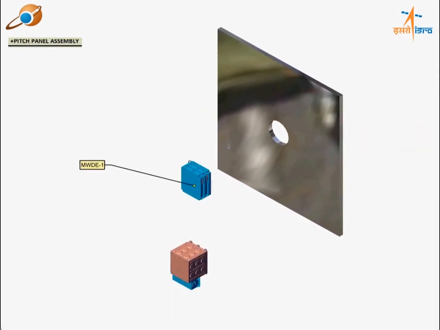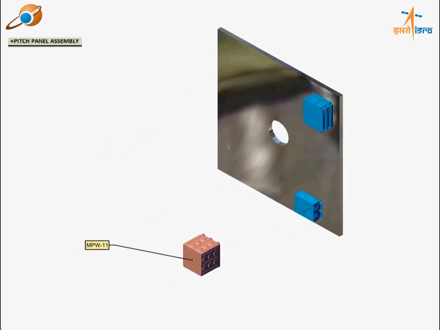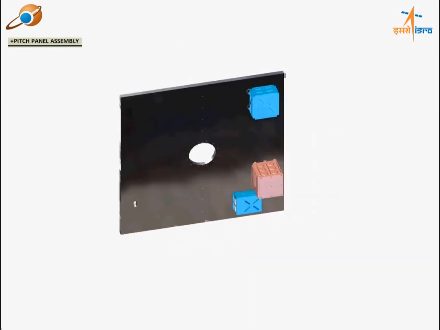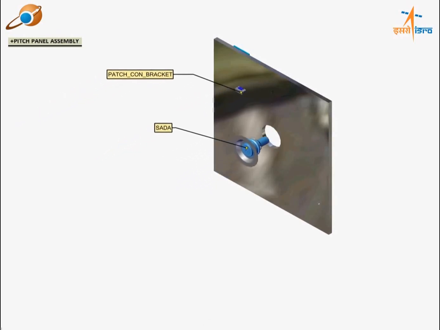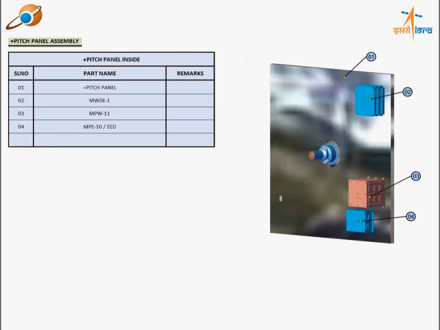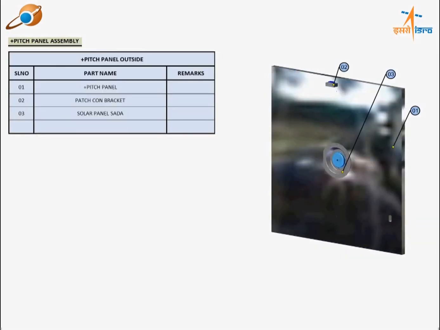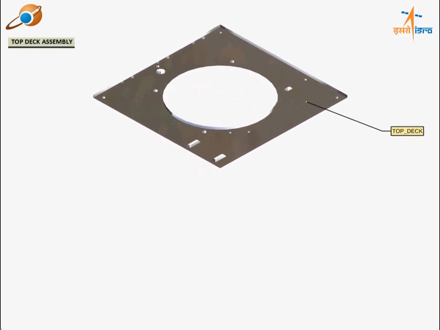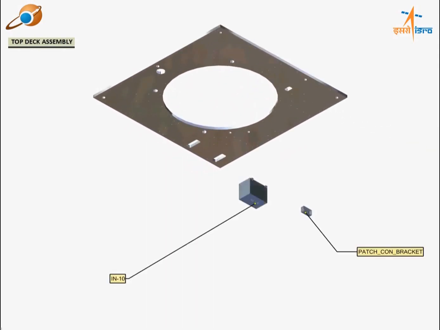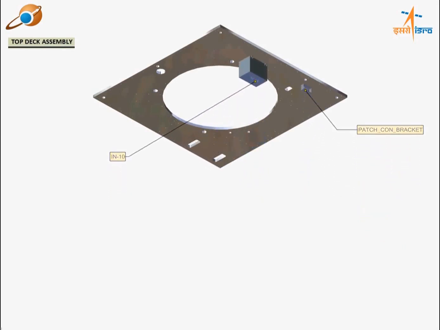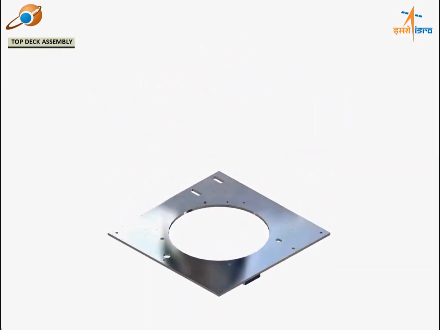The power systems like the core power, distribution electronics, EED package and wheel drive electronics are accommodated inside the positive pitch panel. The solar array, which consists of 3 solar panels of size 1.4 meter by 1.8 meter with yoke and solar panel drive mechanism, is accommodated outside this panel. 4 reaction wheels of capacity 5 Nms are mounted on the top deck in tetrahedral configuration.